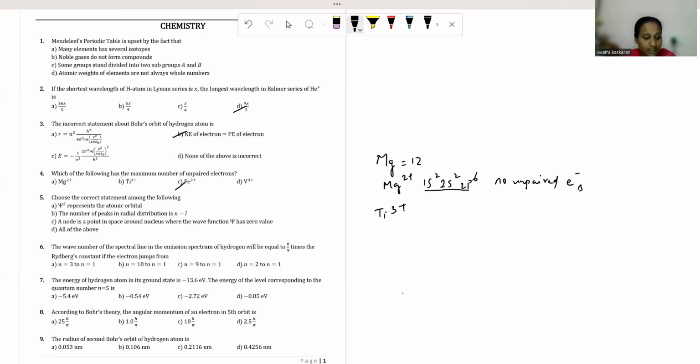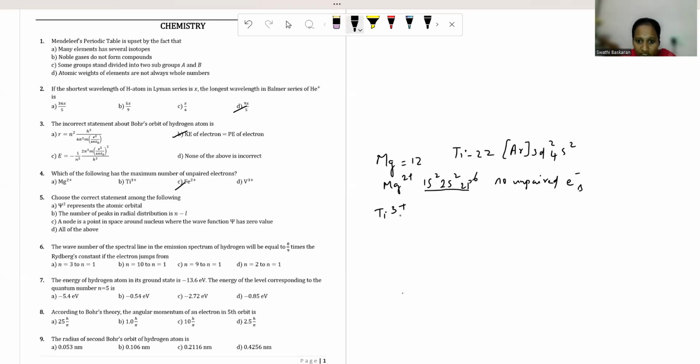What is the atomic number of titanium? Titanium has 22 as the total number of electrons. So if it is 22, we will accommodate the electrons like this: the electronic configuration is argon 3d2 4s2.